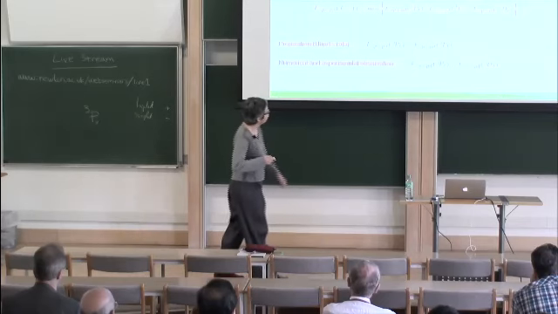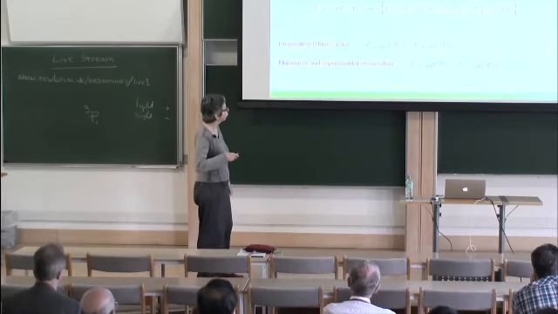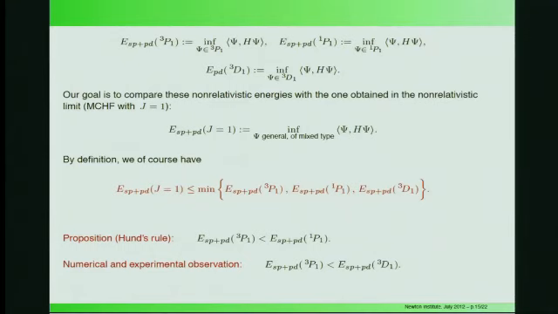So by using this which is rigorous, and this which is based on numerical and experimental observation, we see that among these three partial energies, three ground states in the different classes, the candidate to be the minimizer is the triplet P again. This is the smallest energy of the three of them.